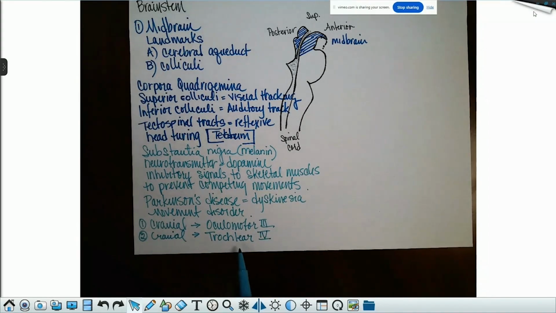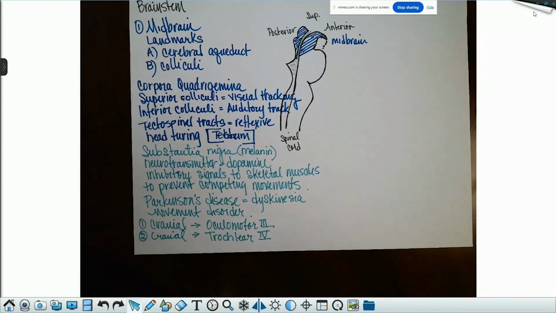It's not intuitive what this one is for, but this one also moves one of the eye muscles, and it's called the trochlear because of the way that the connective tissue makes a little loop and the muscle goes through it. So it's kind of like a pulley system. So these two cranial nerves are associated with the midbrain.